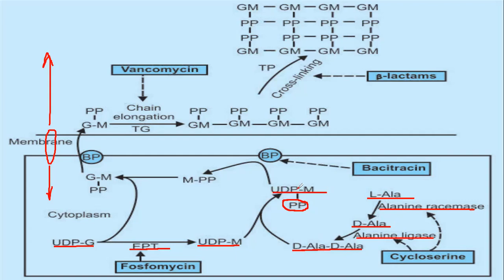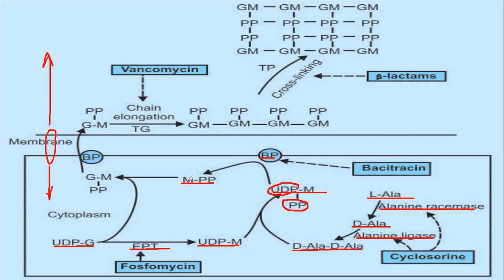Then you have to remove the UDP, and this is carried out by bactoprenol, BP. Bactoprenol, as you can see, is attached to the bacterial cell membrane. Once removed, you form N-acetylmuramic acid, to which a pentapeptide unit is attached.